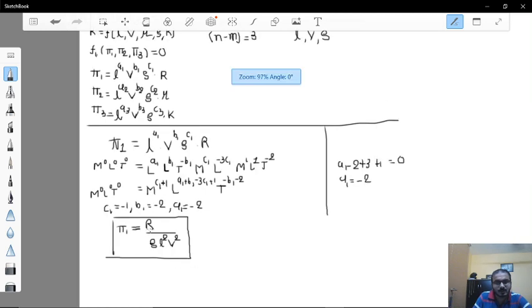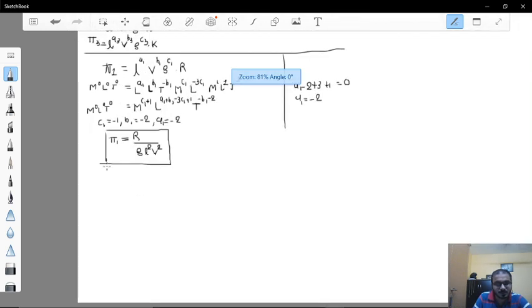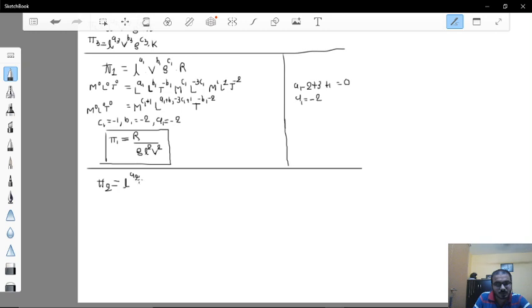Then let's move forward with our next pi term, that is pi 2 is equal to L into V2 rho C2 into mu. So this all terms will remain as it is.